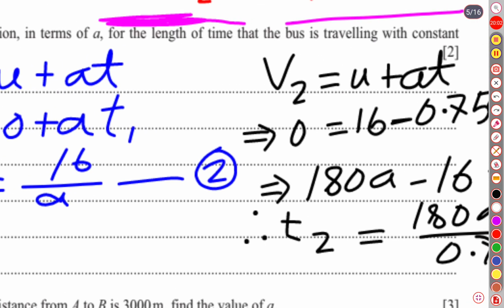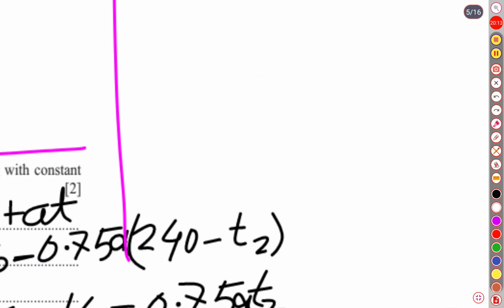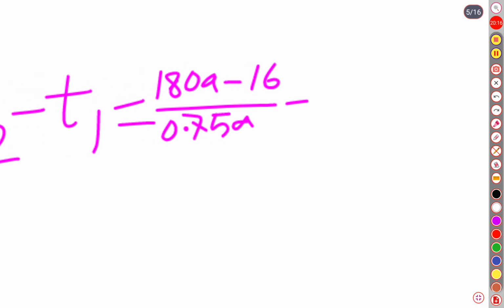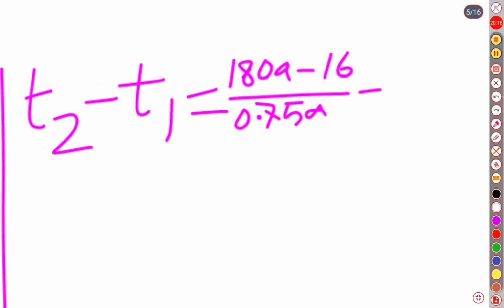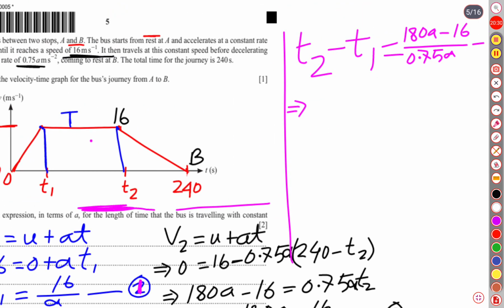It was equation number 1. Okay. So equation number 1 was t1 equal to 16 over a. So we will write minus 16 over a. Then t2 minus t1 is supposed to be the length of time, so we can term it as t.